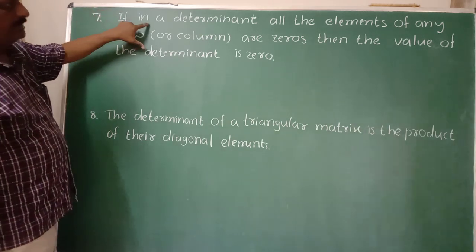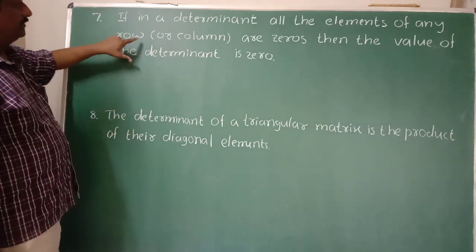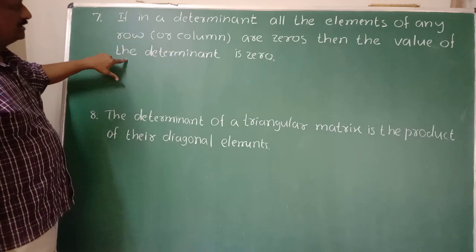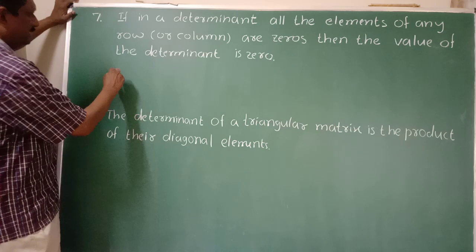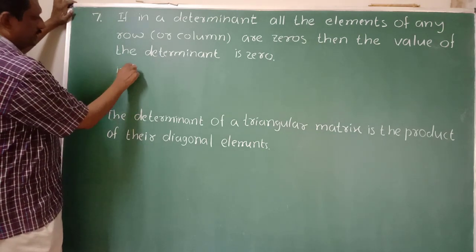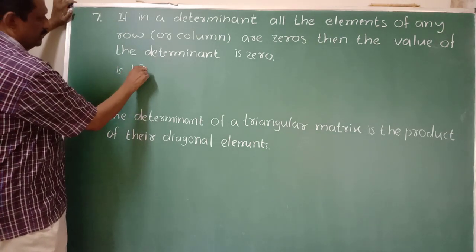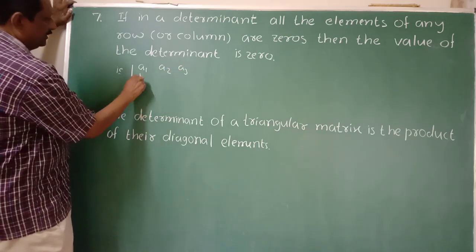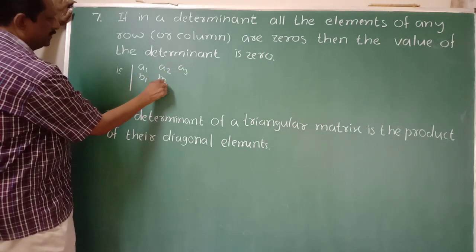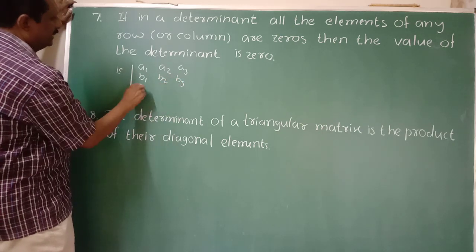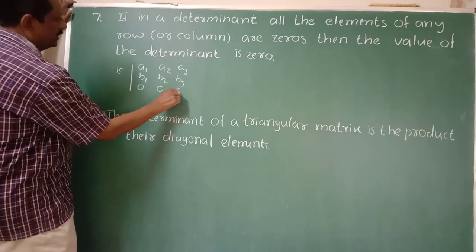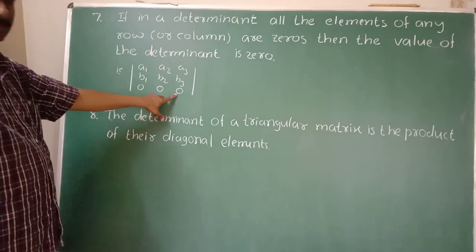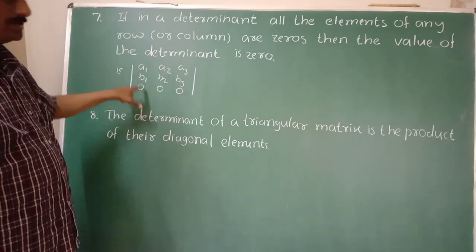If in a determinant all the elements of any row or column are zeros, then the value of the determinant is 0. That is the determinant of A1, A2, A3, then B1, B2, B3, 0, 0 and 0. Here in the third row all elements are zeros, then the value of this determinant is 0.